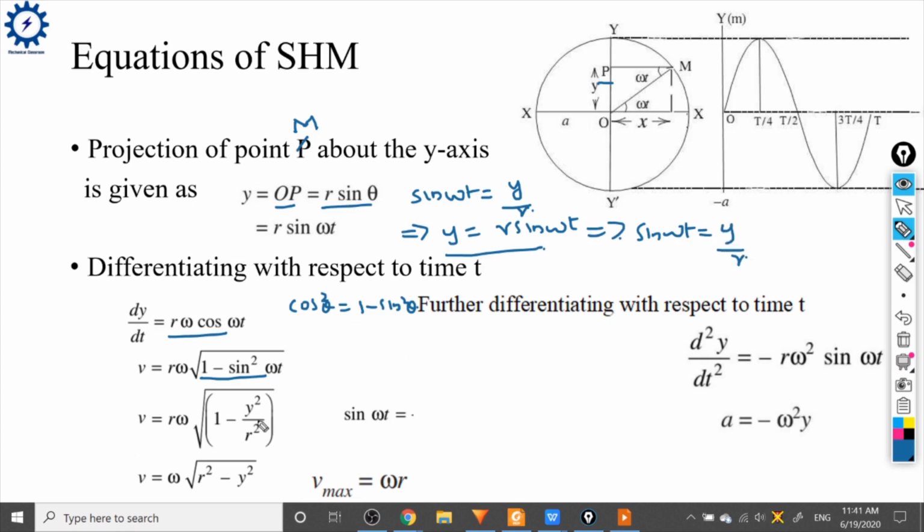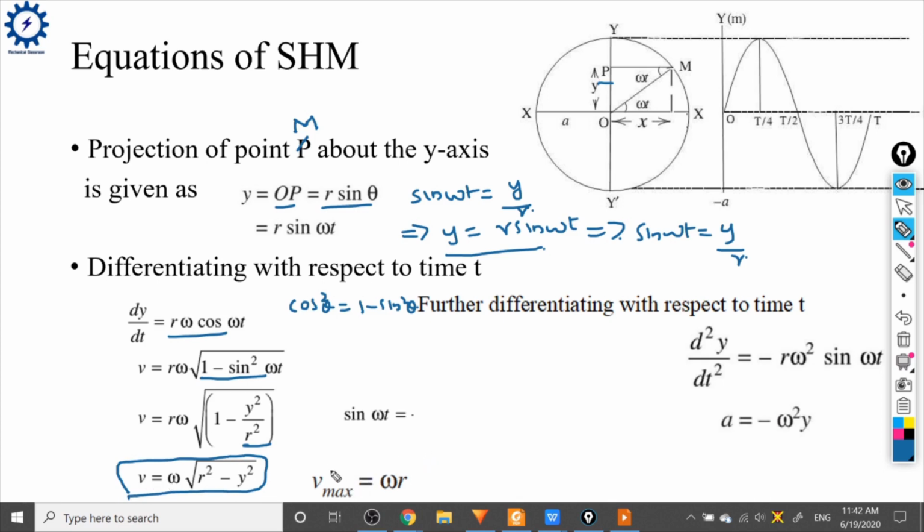We are substituting that value here. Now you can take LCM and take the root r square in the denominator outside, and it will get cancelled. Then we will be getting the expression for velocity as v equal to omega root r square minus y square.